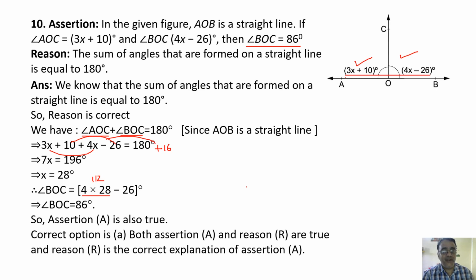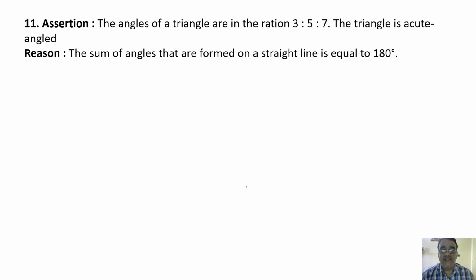Right, now we are moving toward the last question of this session. The angles of a triangle are in the ratio, this is a ratio, okay, 3:5:7. The triangle is acute angled. So what do we call an acute angled triangle? The one in which all angles are acute angles, right?